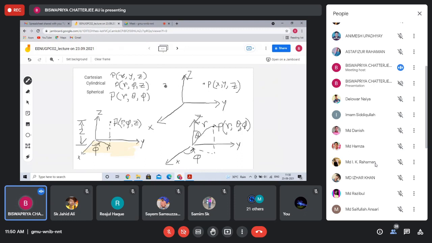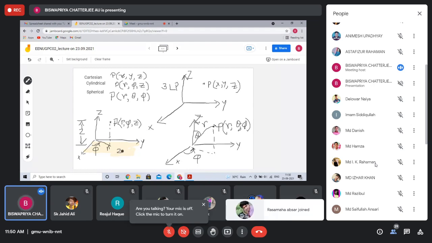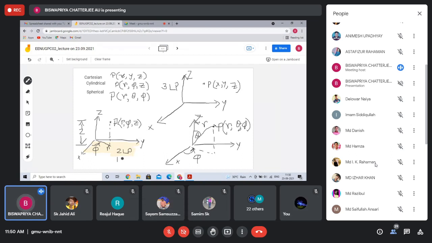In the cylindrical system, we generated two linear planes and one curved plane, that is a cylinder.